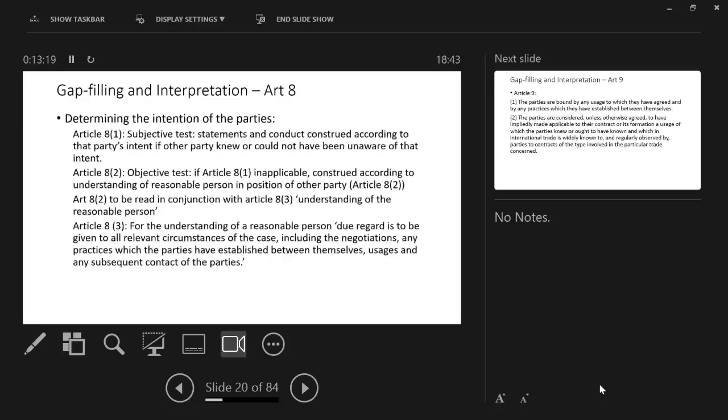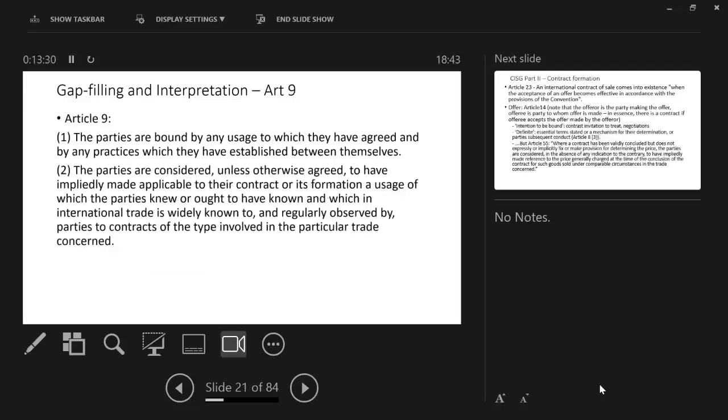And in this context, there's often the use or the import of trade usage into the contractual framework. And Article 9 highlights parties are bound by any usage to which they have agreed and by any practices which they have established between themselves.